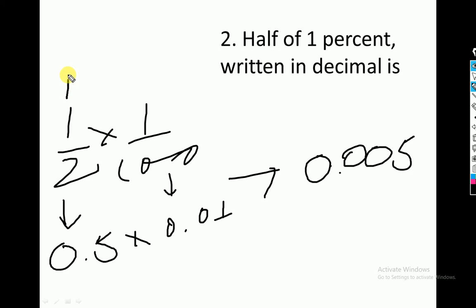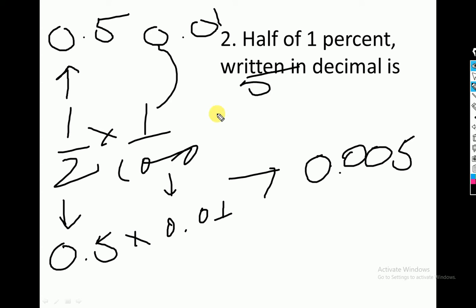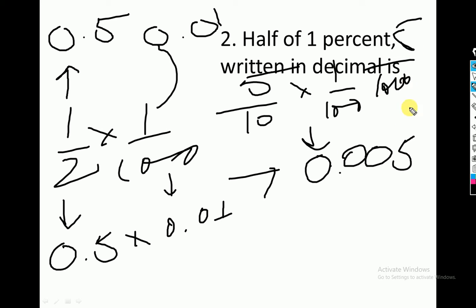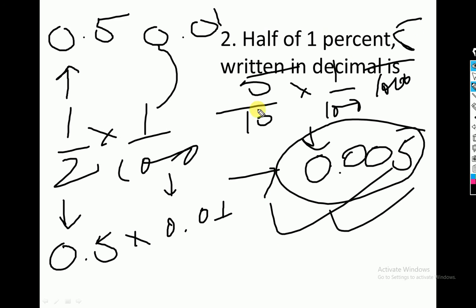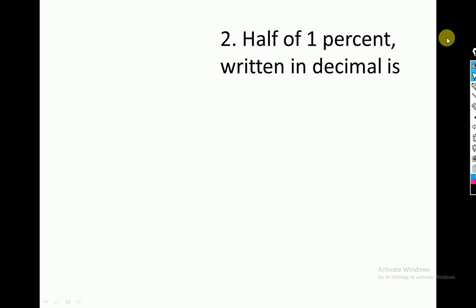Let's check if this is right. 1 by 2 is 0.5 and this is 0.01, so it's 5 by 10 and 1 by 100, which is 5 by 1000. So half of 1% in decimal is not 0.05, it's 0.005. Alright, let's move on.